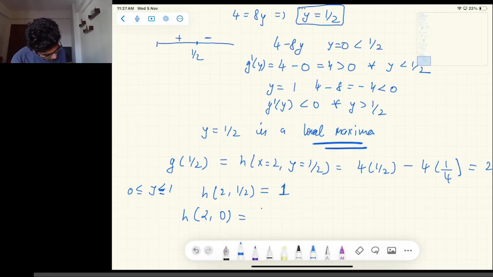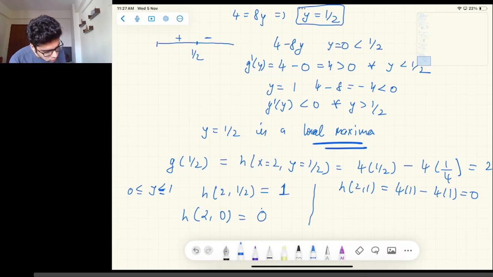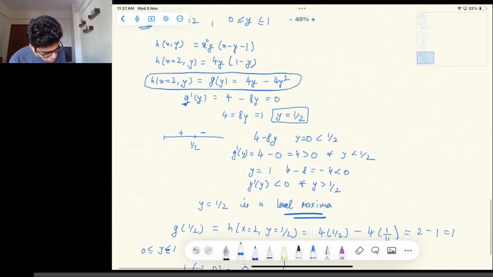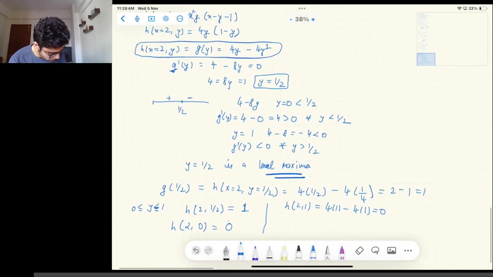So h of 2 comma 0 will basically give me 0, and h of 2 comma 1 will basically give me 4 into 1 minus 4 into 1, which is also equal to 0.